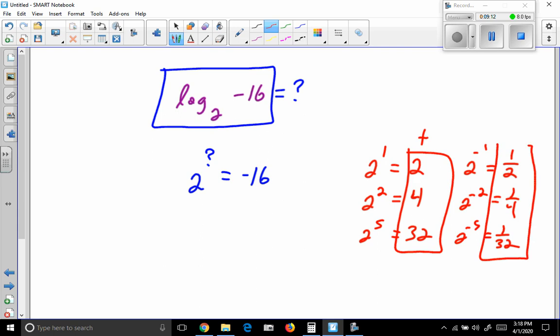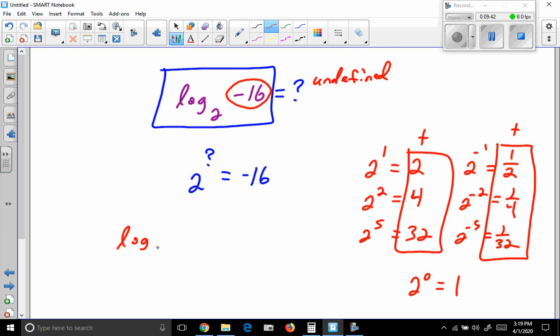Notice those answers are all positive. They're getting closer and closer to 0, but they're all positive. And if we do 2 to the 0 power, we also get positive. So any power we put on 2, we get a positive answer. We're never going to get a negative answer there. So that's undefined, or there is no solution to that.